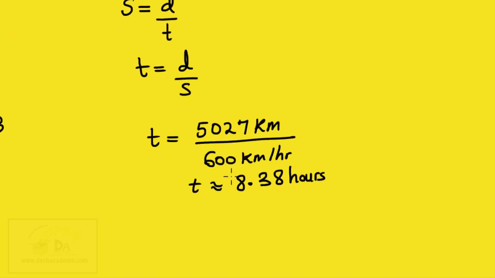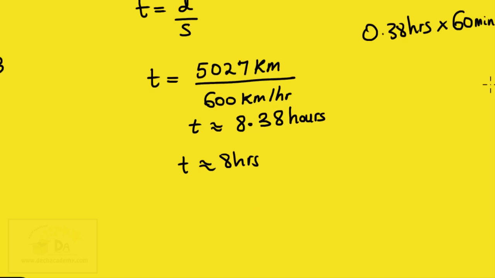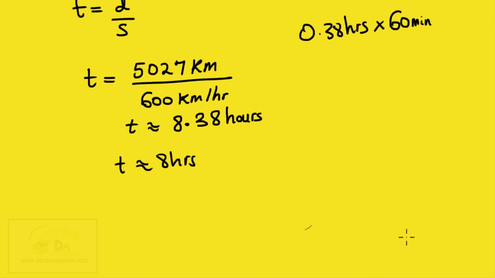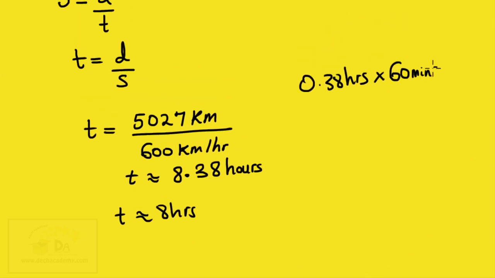which is the same thing as 8 hours and 0.38 hours. 0.38 hours times 60 minutes, since 60 minutes is equal to 1 hour.